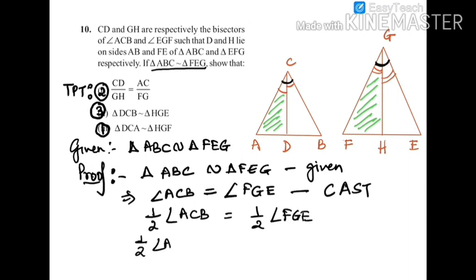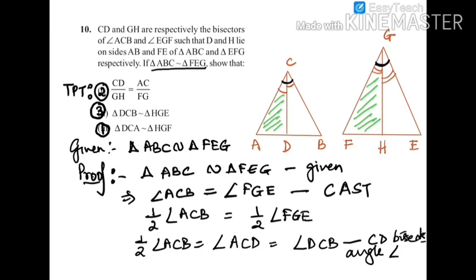But half of angle ACB is equal to angle ACD, which is equal to angle DCB, as CD bisects angle ACB. Similarly, we can write half angle FGE is equal to angle FGH, which is equal to angle HGE.